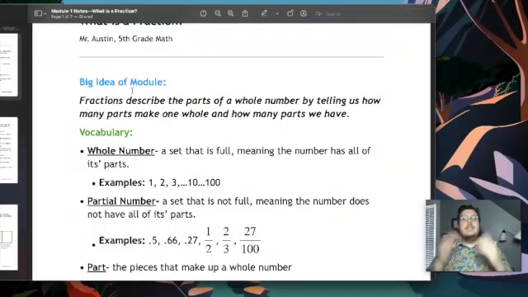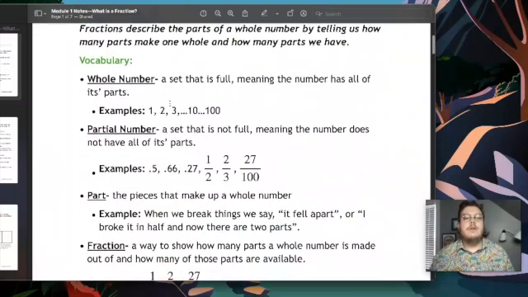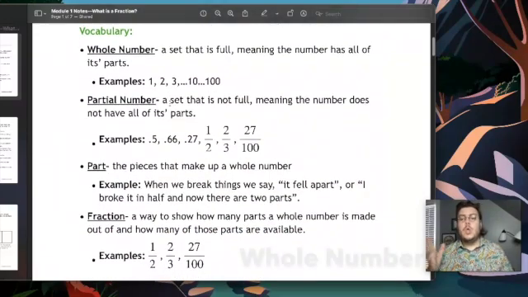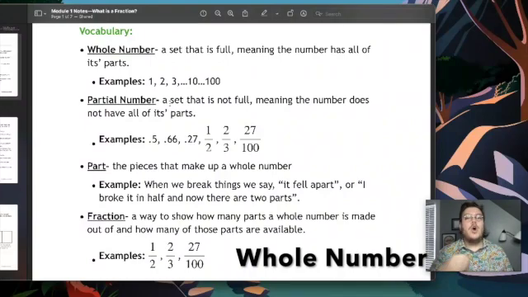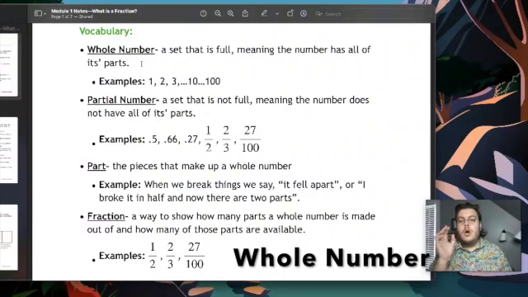Let's go through some vocabulary, because I know I just used some phrases that you might not know. Starting off with our vocabulary, we've got whole number. I used whole number in my explanation. A whole number is a set or a number that has all of its parts. When I'm talking about a whole, W-H-O-L-E, not a hole like a hole in the ground or a hole in the wall, we're talking about a whole as in one whole thing.